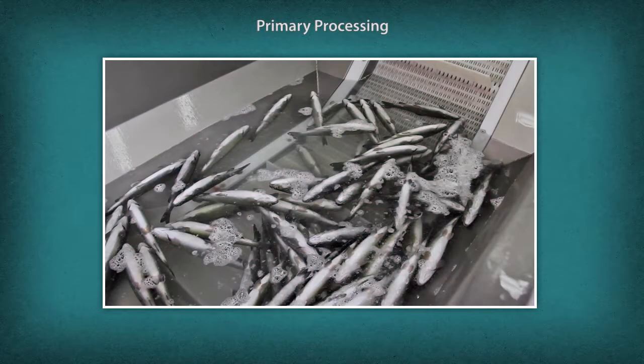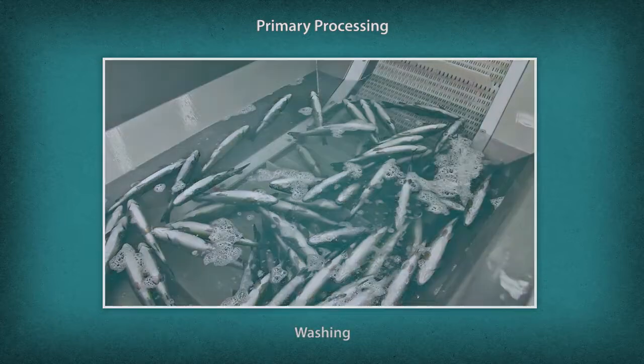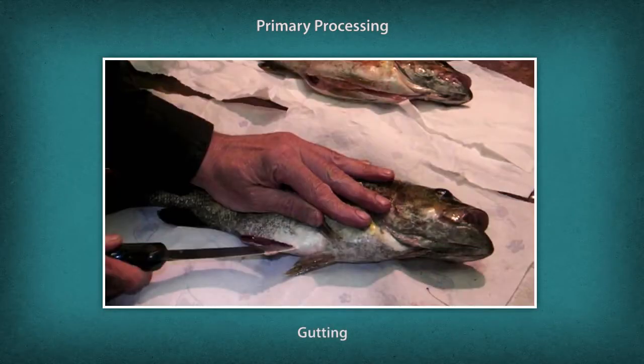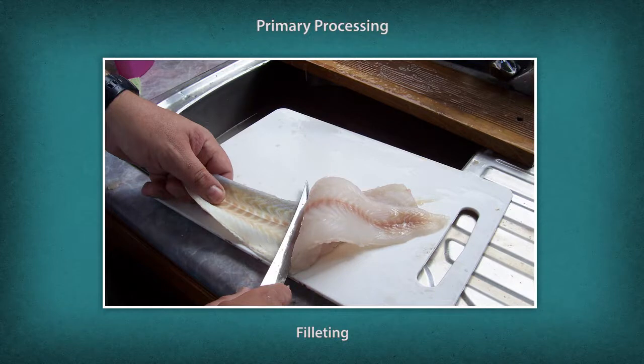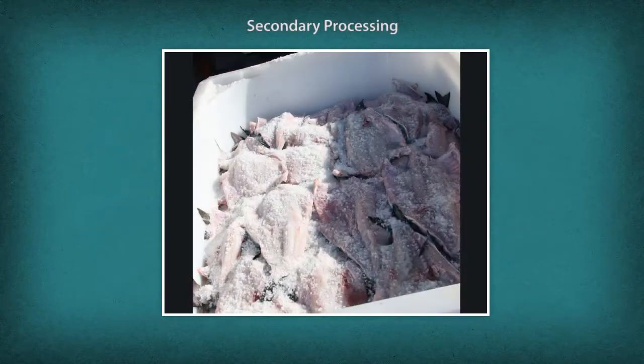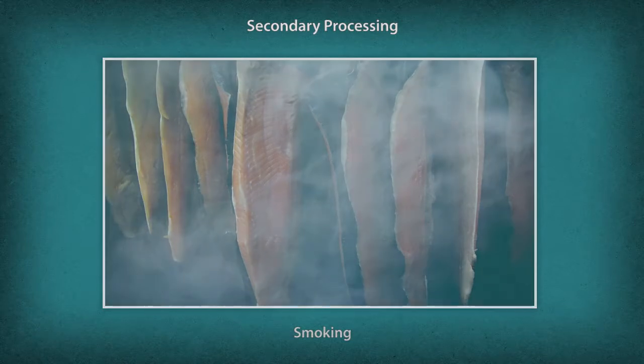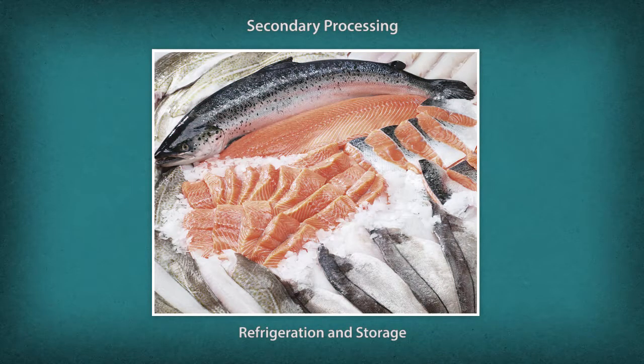Examples of primary seafood processing on land include, but are not limited to, washing, heading, gutting, filleting of fish. Examples of secondary processing include, but are not limited to, salting, smoking, refrigeration and storage.